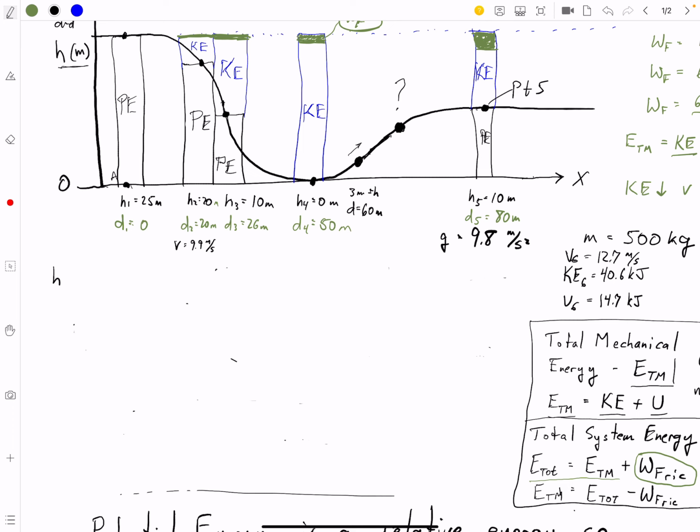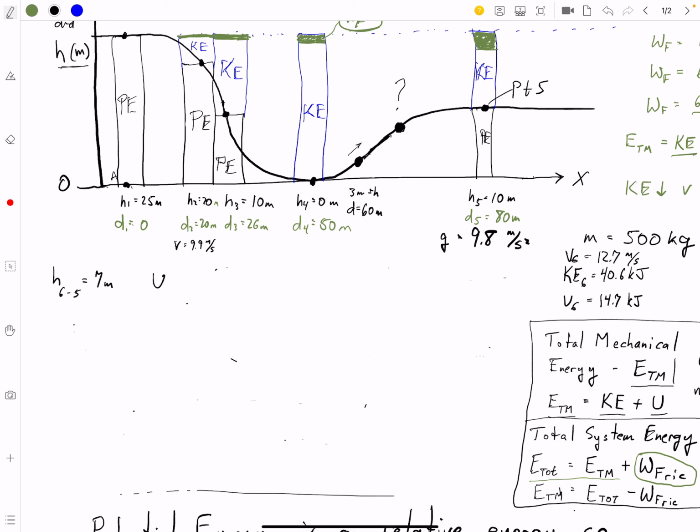So the difference, H, 6 to 5, is equal to 7 meters. What is the potential energy of 7 meters?